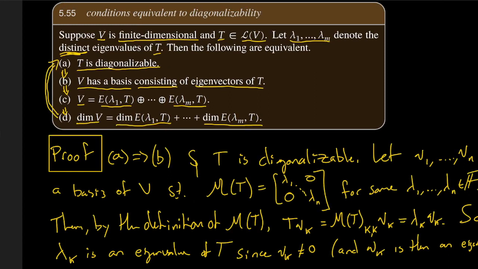How do we know we have a basis of eigenvectors? Well, we know it happens if we have a way to turn the matrix of T diagonal, but that might be hard to know. One really easy way to know it is if you have enough eigenvalues. So if you have at least as many eigenvalues as the dimension of your space, there's always a way to do this. Pretty cool. All right, let's see if we can do anything else today.